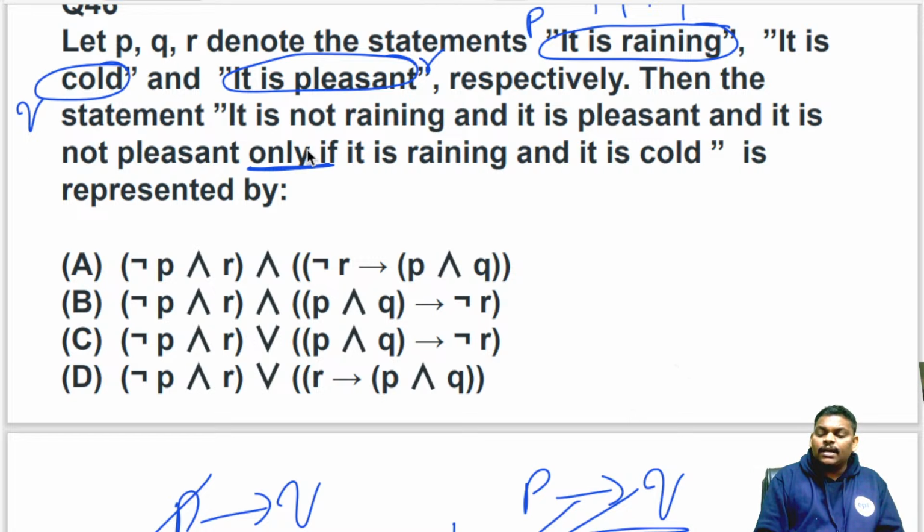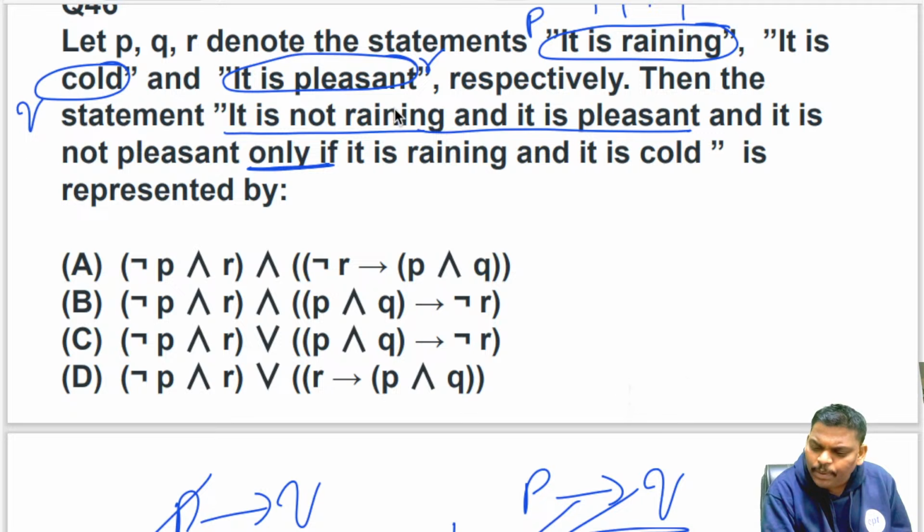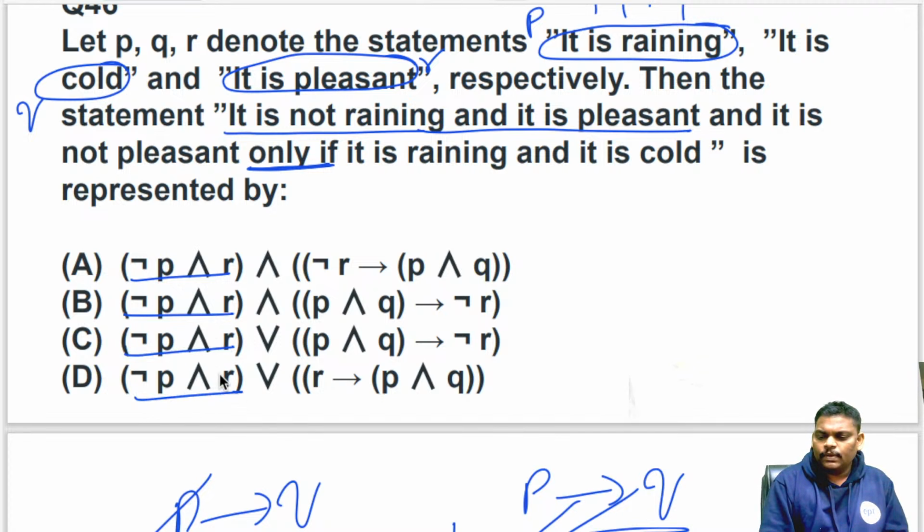It is not raining and it is pleasant. So raining is going to be P, not raining means negation P. And it is pleasant means R. Negation P and R. And here the actual game is here only.